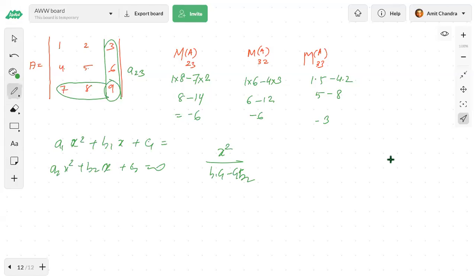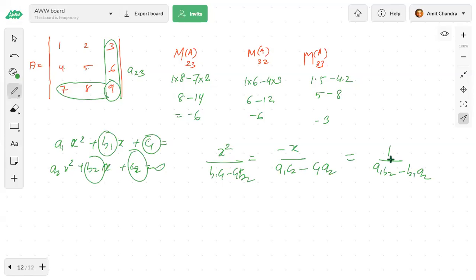So after calculating, we were getting b1 into c2 minus c1 into b2, and we were equating it to minus x upon a1 into c2 minus c1 into a2, which is equal to 1 upon a1 into b2 minus b1 into a2, right?